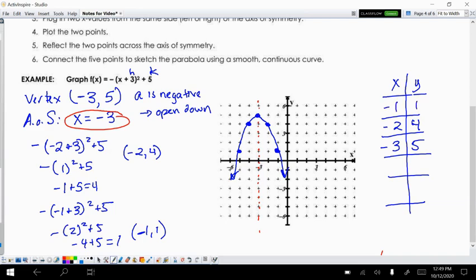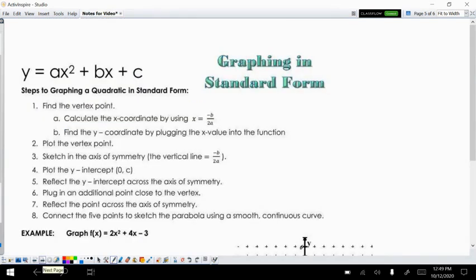So 2 points that are to the left of the vertex here in the middle. So remember, vertex is a really important point there. And then we could go with 2 points to the left, negative 4 and negative 5. Negative 4 is at 4 and negative 5 is at 1. So tables of values are always helpful, but remember that axis of symmetry helps you get that graph.